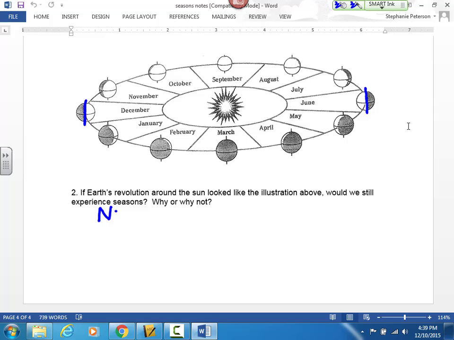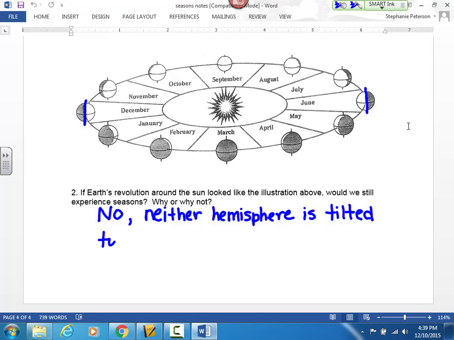So if the Earth was not tilted, we would not experience seasons. The answer is no, because neither hemisphere is tilted towards or away.